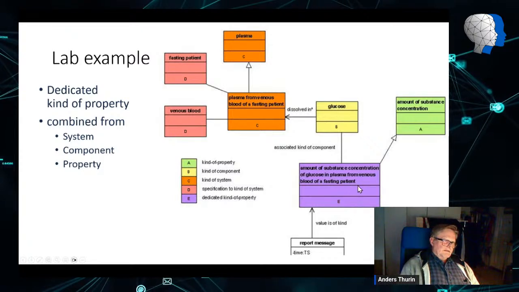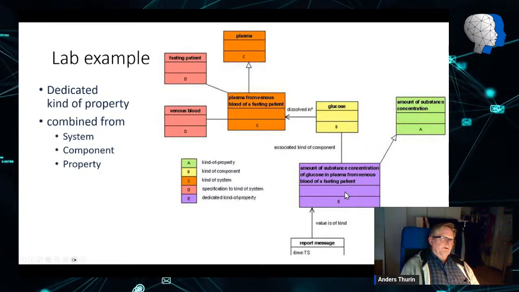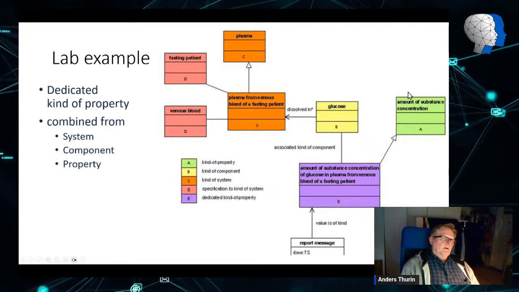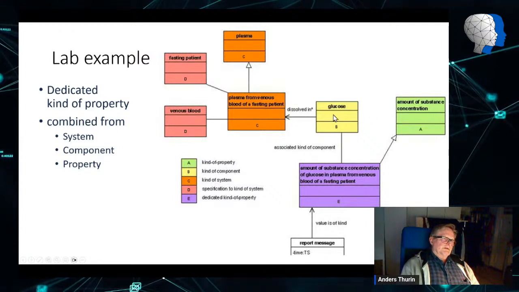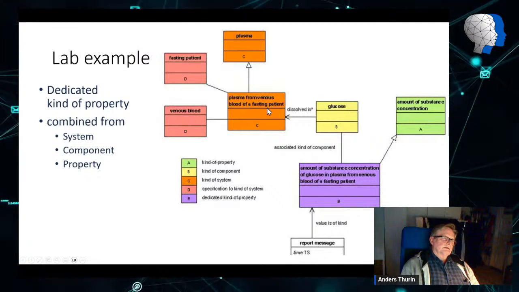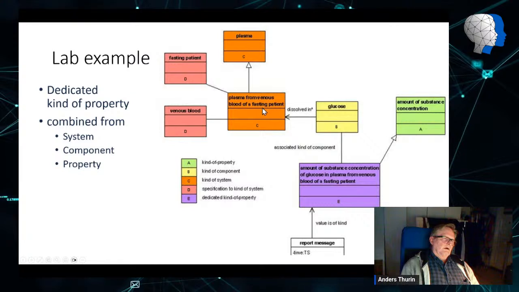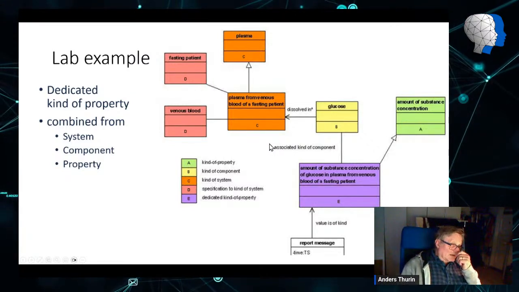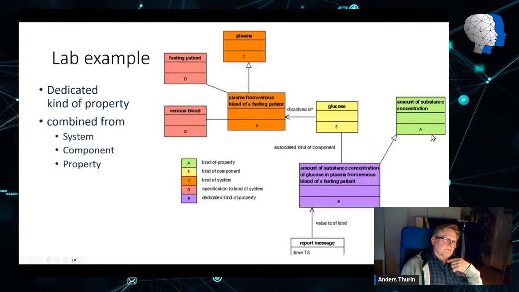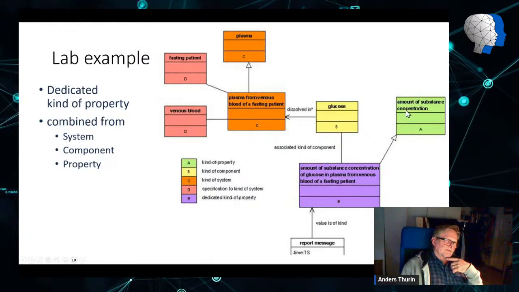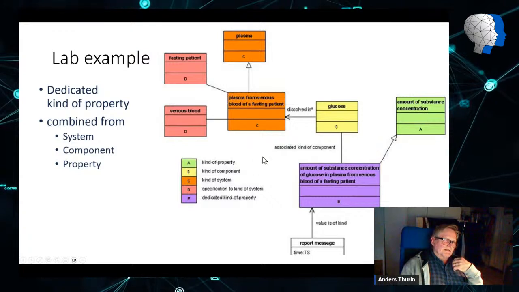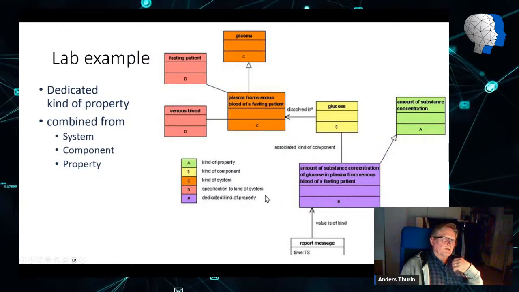To describe this concept, you have the amount of substance concentration, and the glucose is taken from a blood sample. So these can be picked from different lists, which makes the description economic in a way.